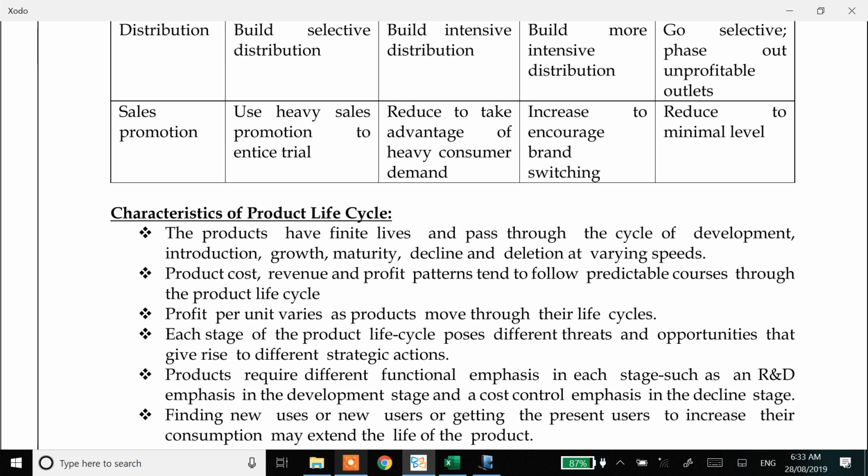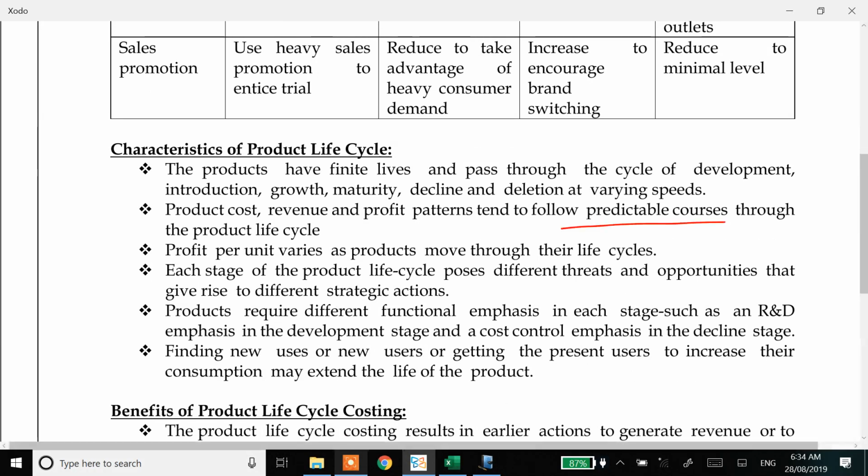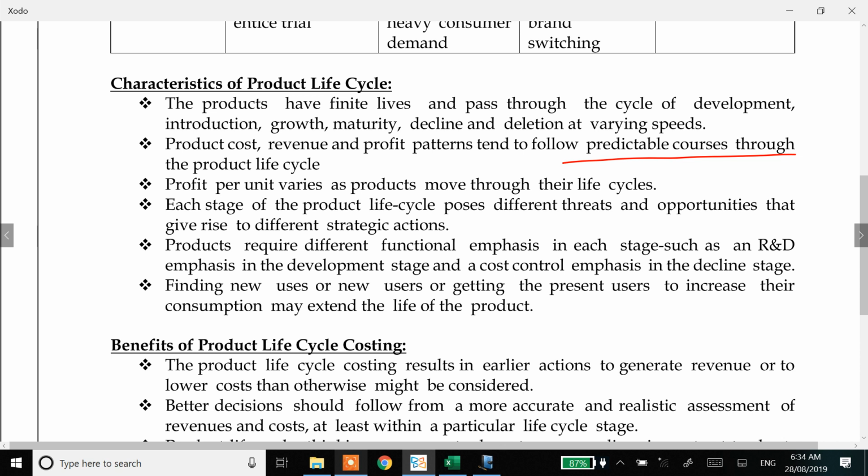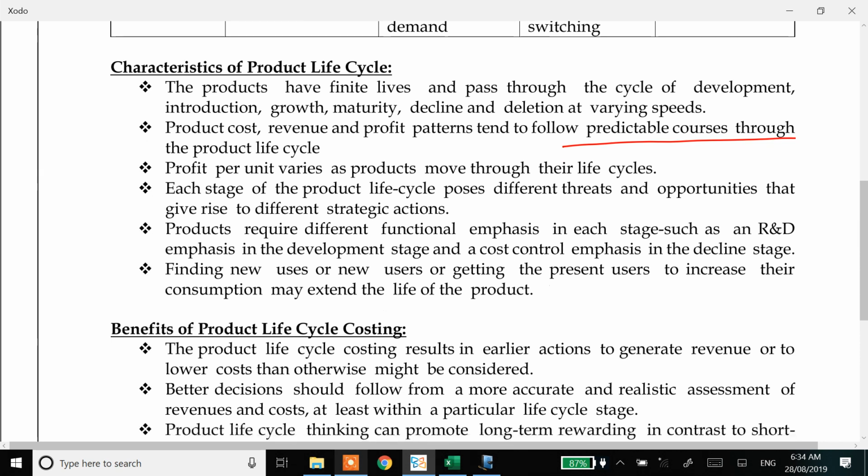And also another major factor which it says is different stages need to have different strategies. You cannot adopt the same strategy across the various stages. Products pass through predictable courses through the product life cycle. Different threats and opportunities give rise to different strategic actions.